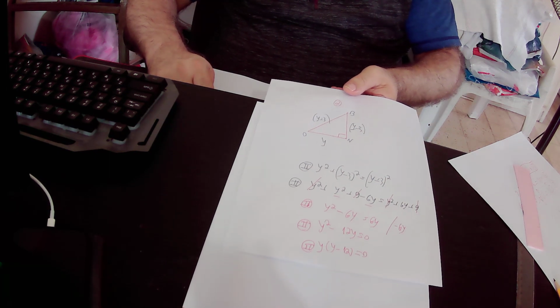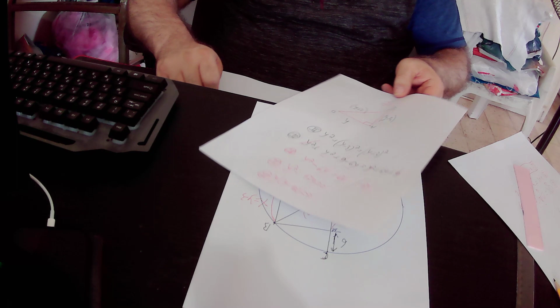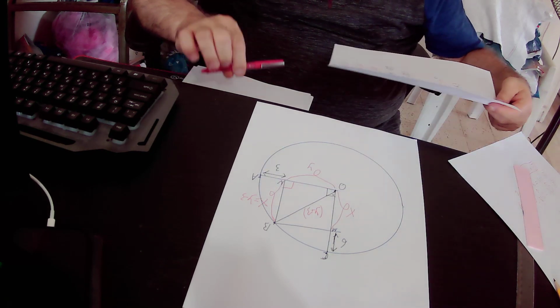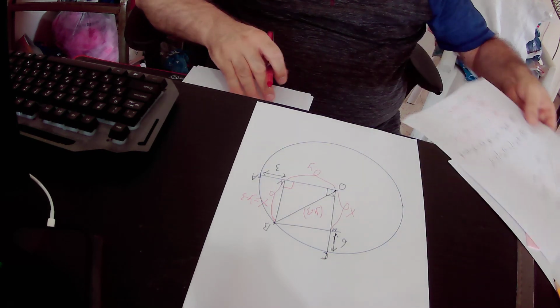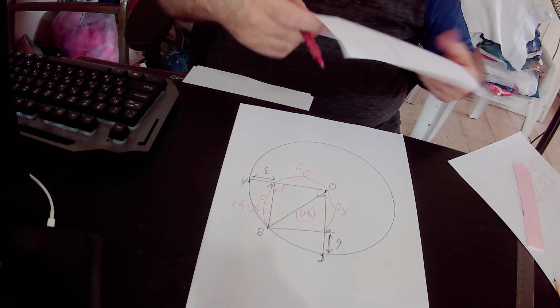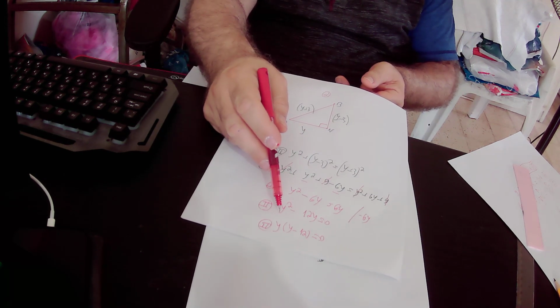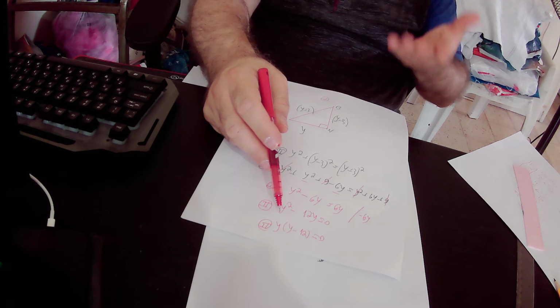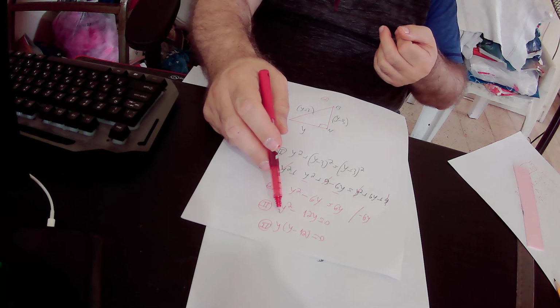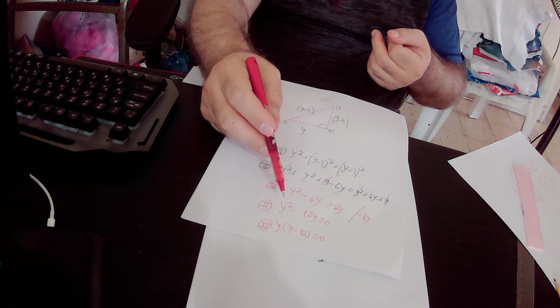Here we have two possibilities. The first possibility is y equals to 0, or the first solution is y equals to 0, and it is impossible.